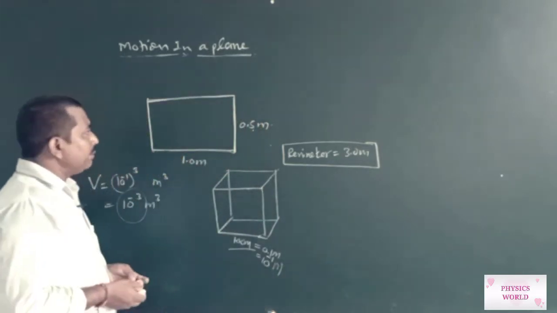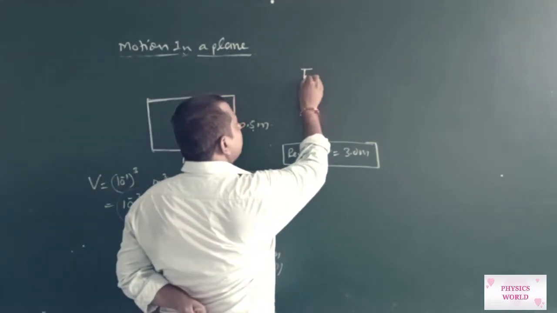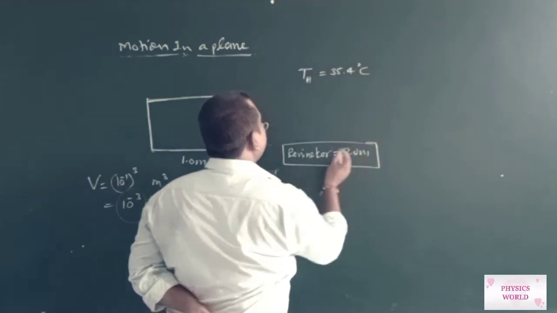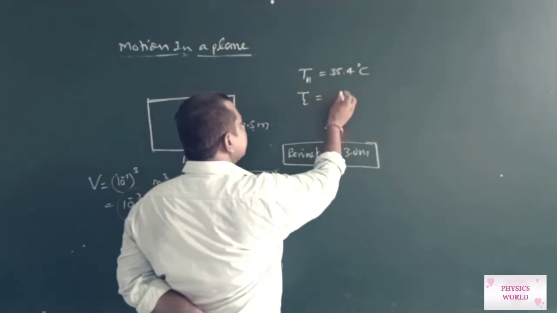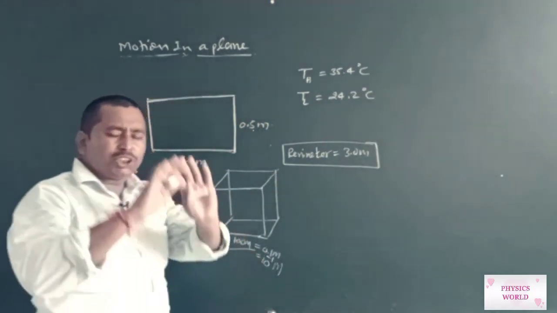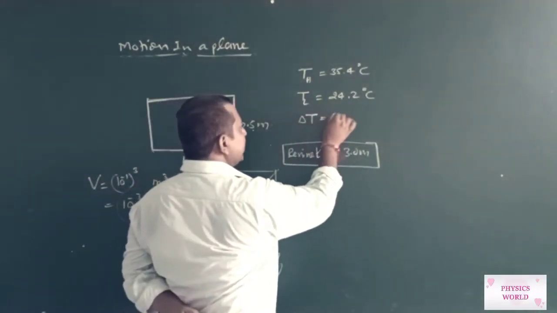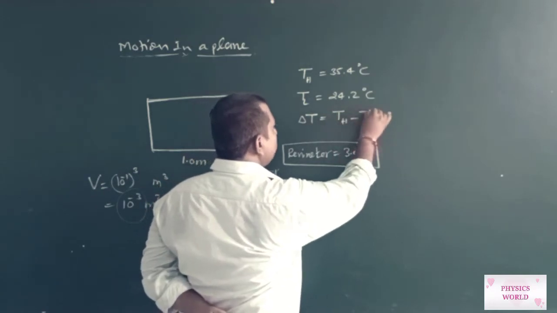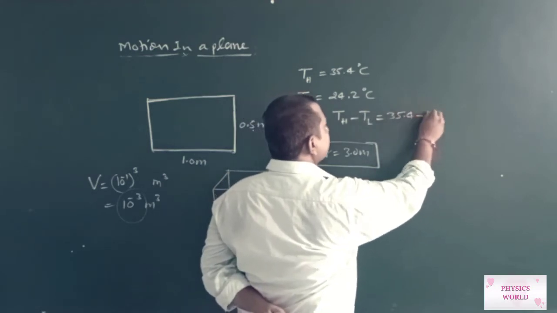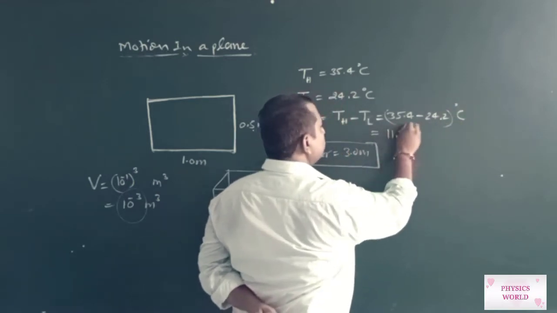Similarly, if we talk about the temperature of a day, suppose the higher temperature is 35.4 degrees centigrade and the lower temperature of the day is 24.2 degrees centigrade, then what will be the total temperature difference of the day? The temperature difference is T high minus T low, which is equal to 35.4 minus 24.2 degrees centigrade, that is 11.2 degrees centigrade.